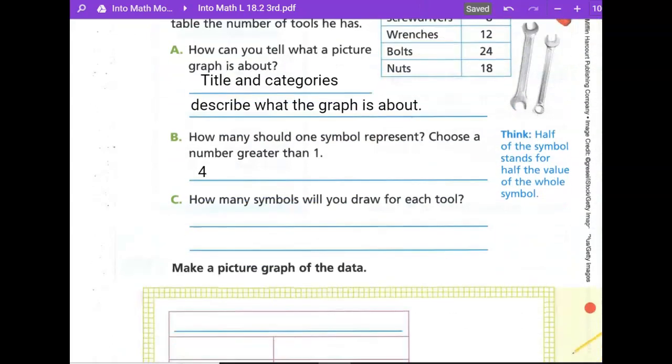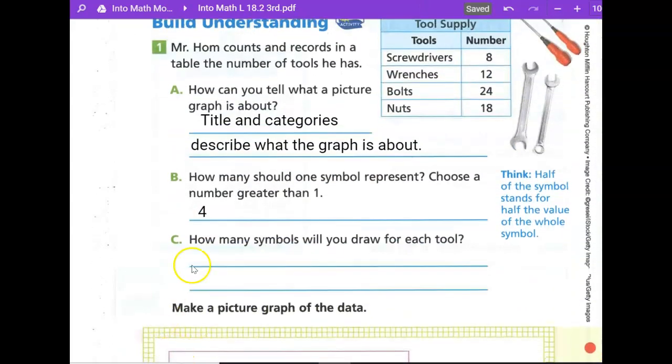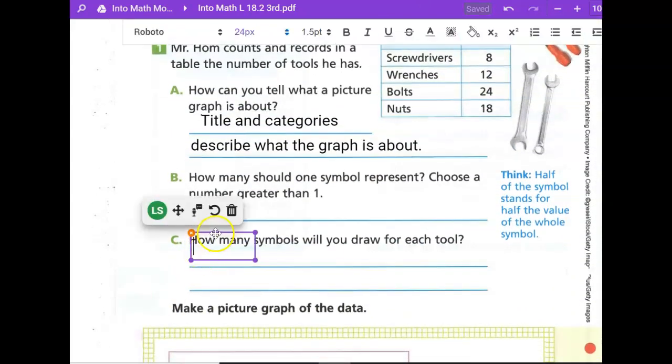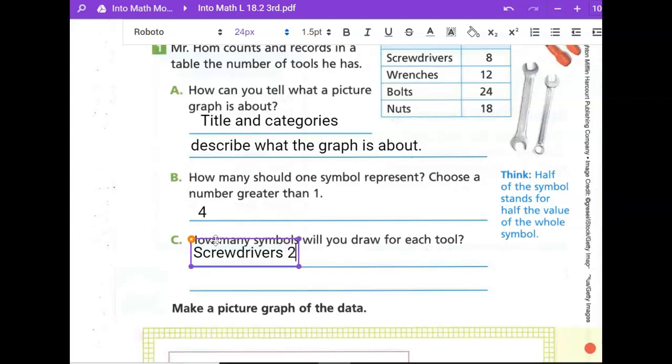How many symbols would you draw for each tool? So we have to look how many 4s are in 8. So screwdrivers, we would have to draw 2 symbols. For wrenches, how many 4s in 12? We would need to draw 3 symbols.